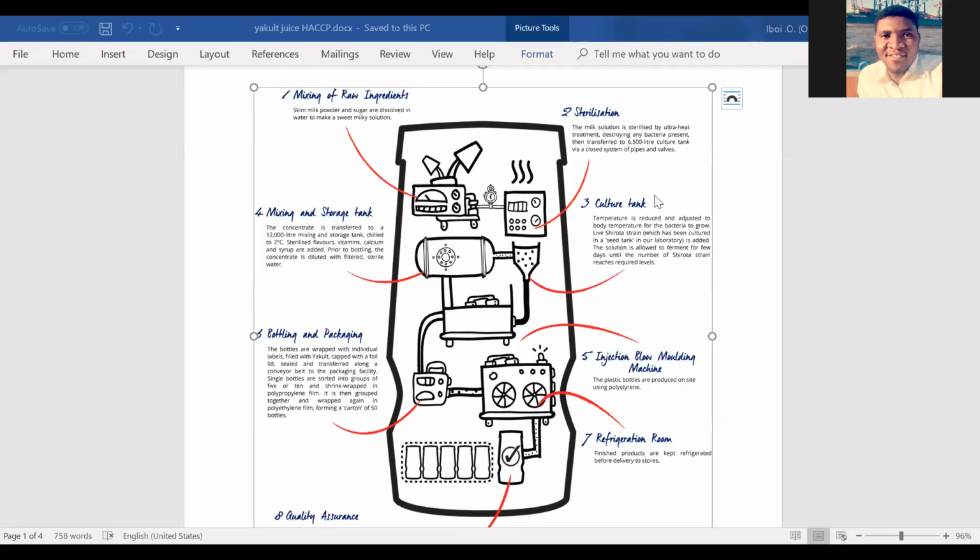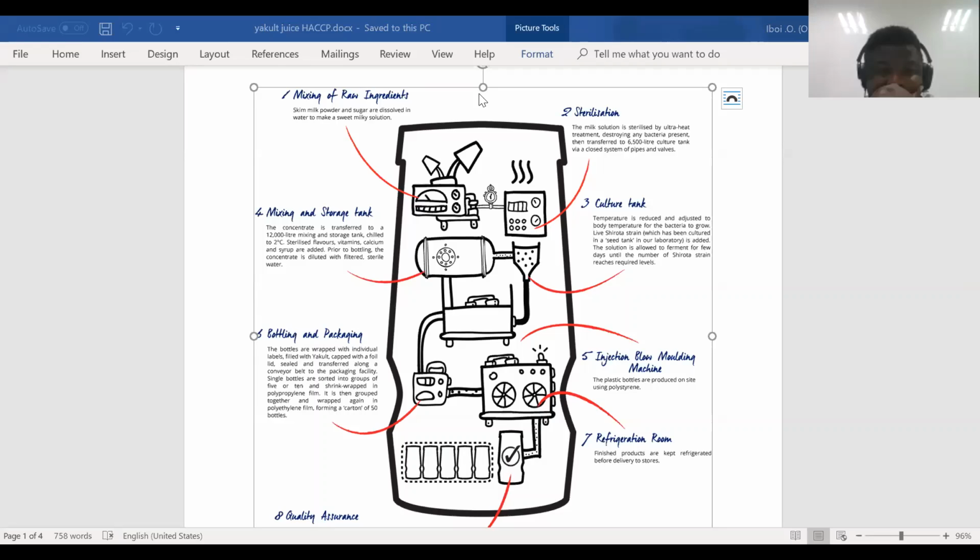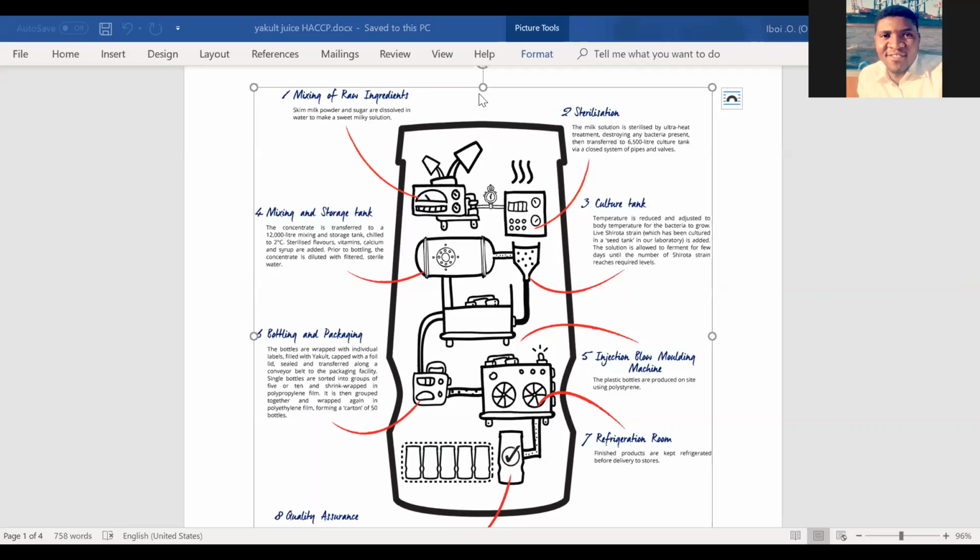The second stage is sterilizing. The next stage is culturing. Then it goes to mixing. From mixing, it goes to bottle blowing, right? I hope I'm correct.